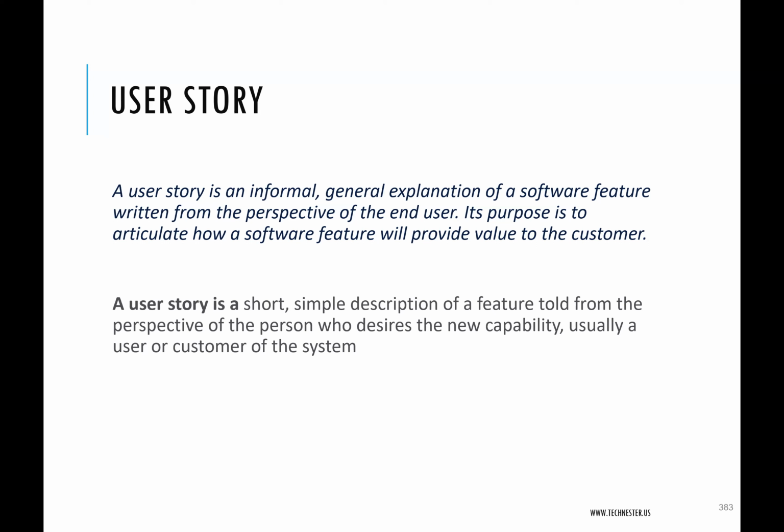So what's important for you to know is a user story is a representation of your requirement, your functional requirement. I showed you earlier on in the course that your user story has 3 key components to it.